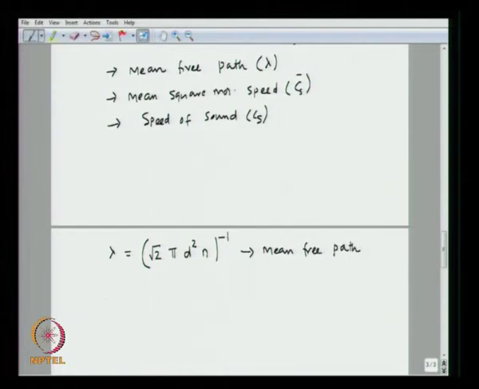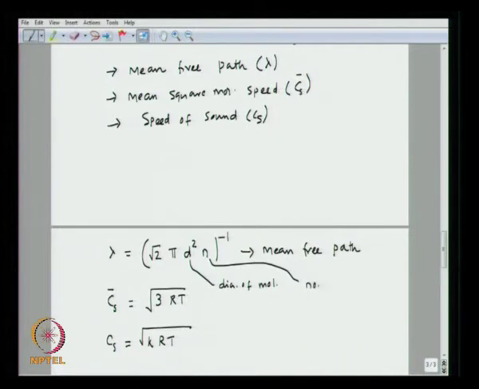The mean square molecular speed Cs can be written as 3 R T, and the speed of sound can be written as square root of k R T. Here d is the diameter of the molecule and n is the number density, that is, how many molecules per meter cube, R is the specific gas constant, and T is the temperature.